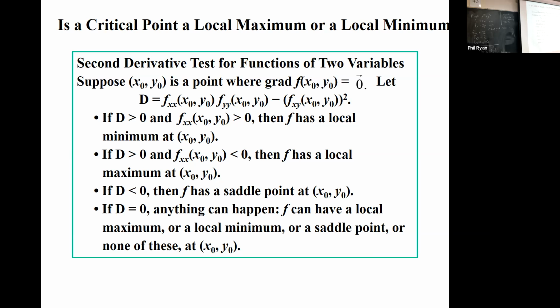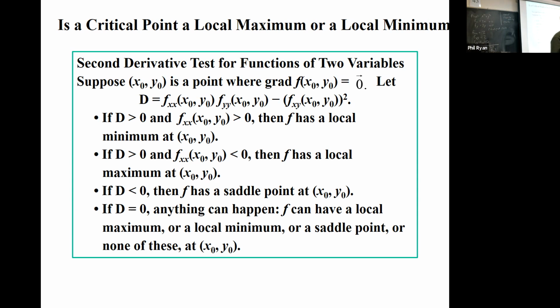You look at the second derivative test, fxx times fyy minus fxy squared, and you get minus 4, because fxx is 2 and fyy is negative 2. That's negative, so you've got a saddle point. It's a saddle point because in one direction it's a minimum, and in the other direction it's a maximum.